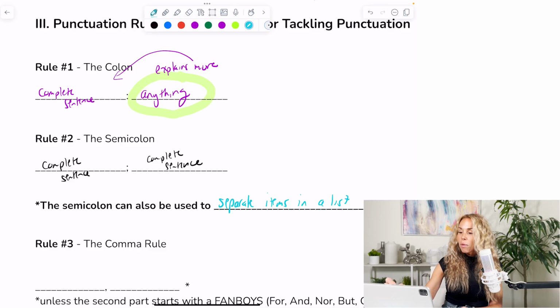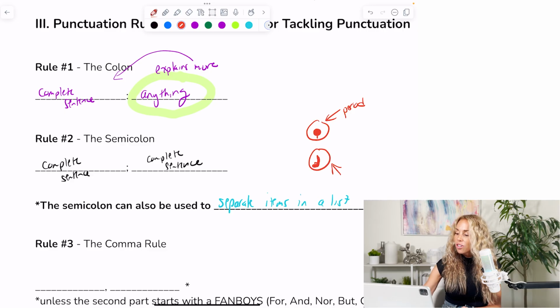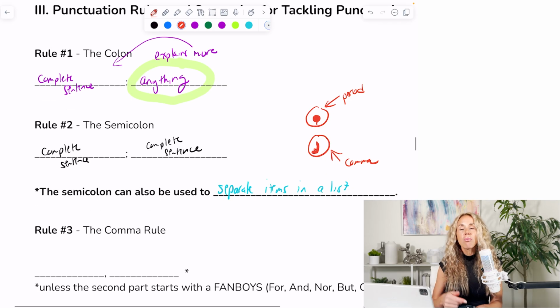So a way I like to think about it, which is kind of interesting, off to the side, I'm going to draw a semicolon for you guys. So here's my dot, here's my comma. A semicolon can function like a period, or it can function like a comma. Why would someone use semicolons to separate items in a list when they can just use commas? Well, there's a couple reasons.